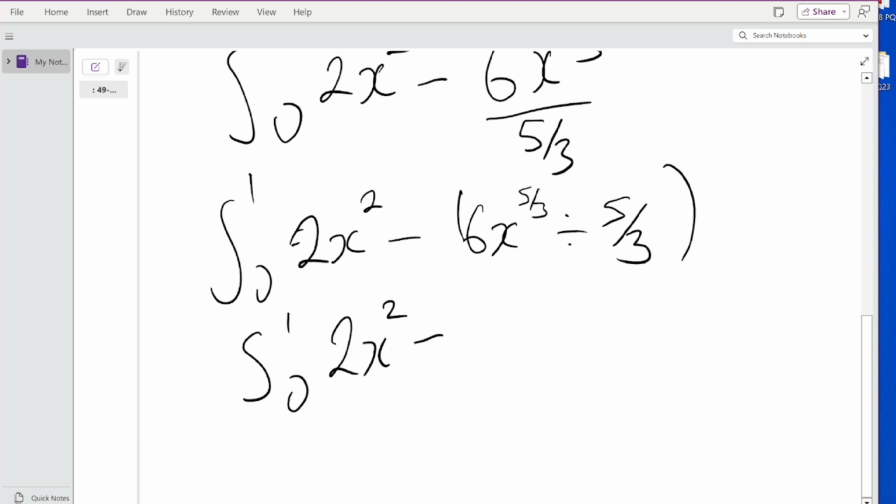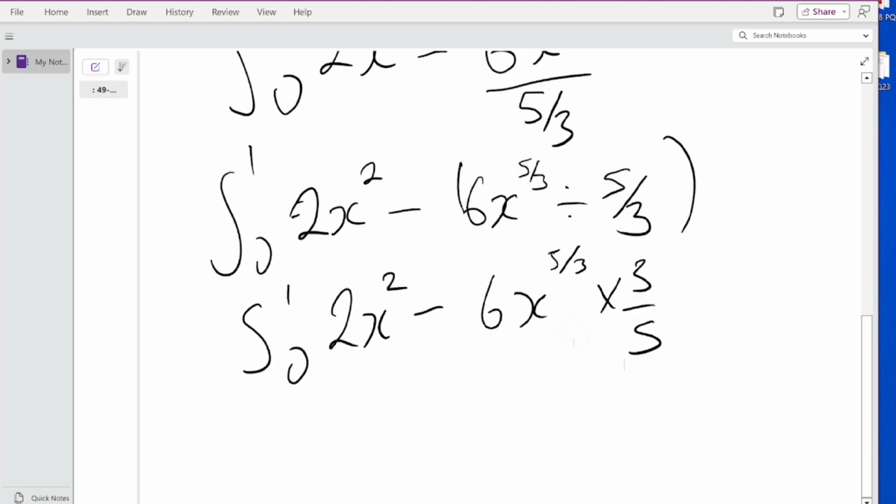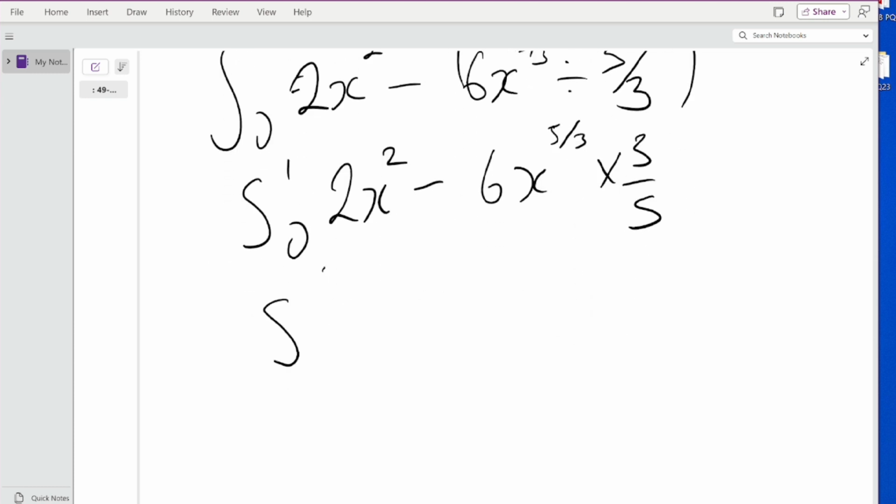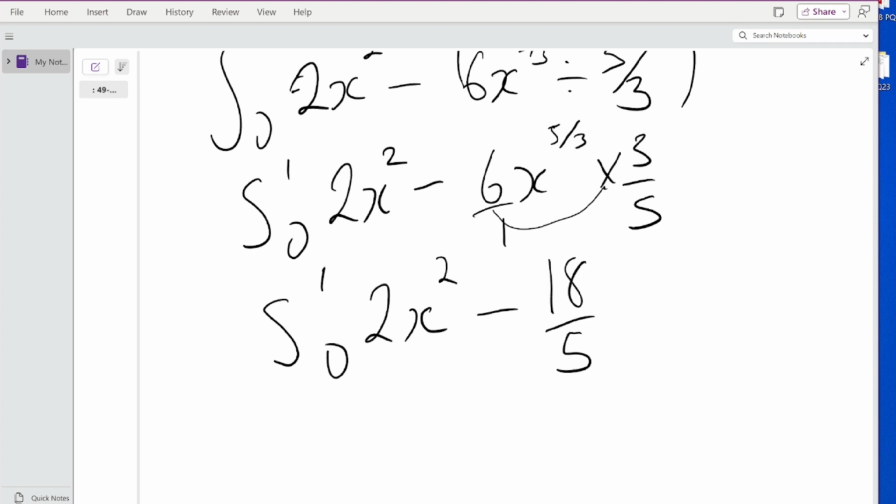Here we have 6x to the power of 5 over 3 times 3 over 5. On the next line, still have a sign. We've integrated that. Then the second one, we have 6 times 3, because it's like 6 over 1. 6 times 3 is 18 over 5, 1 times 5. We still have our x to the power of 5 over 3.